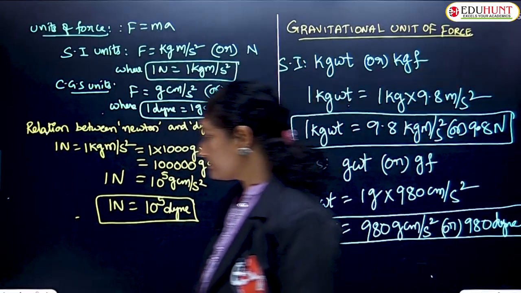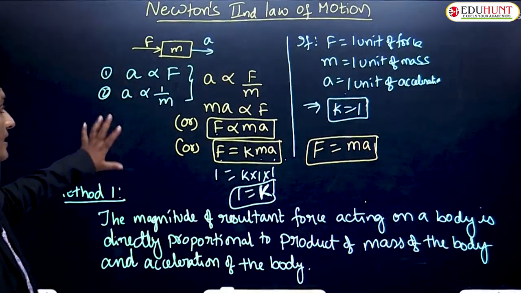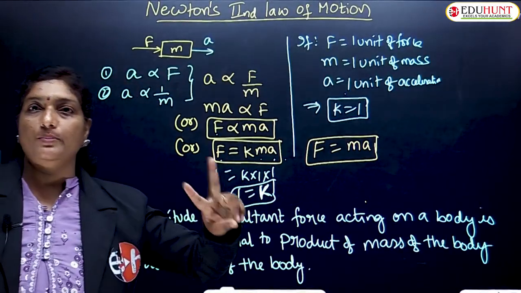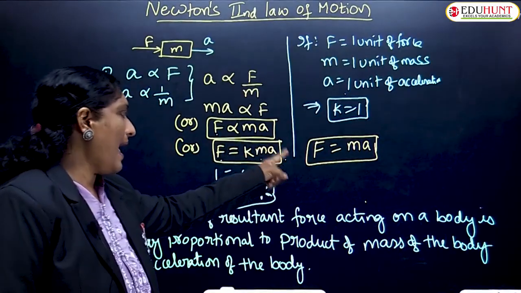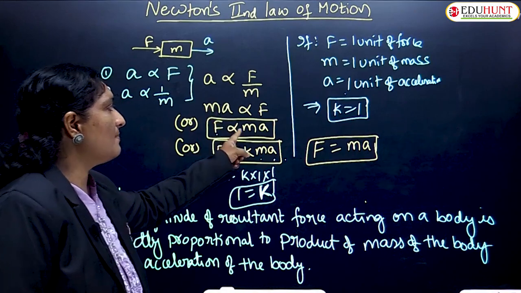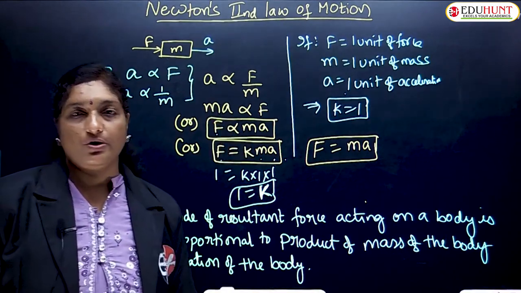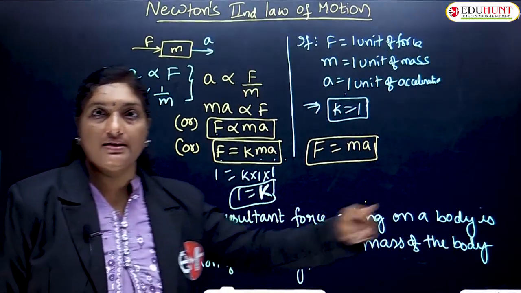Okay, children, let us recap whatever we have discussed so far. Newton's second law of motion can be explained by two methods. Method 1: the magnitude of force acting on a body is directly proportional to the product of the mass and acceleration produced inside the body, and the direction of acceleration and force are always the same.